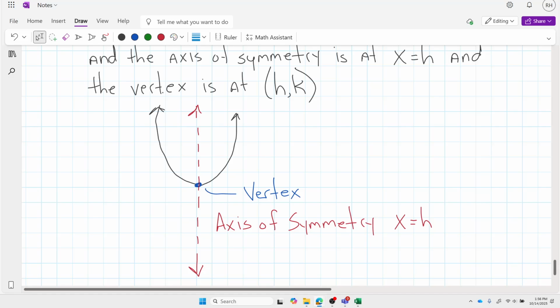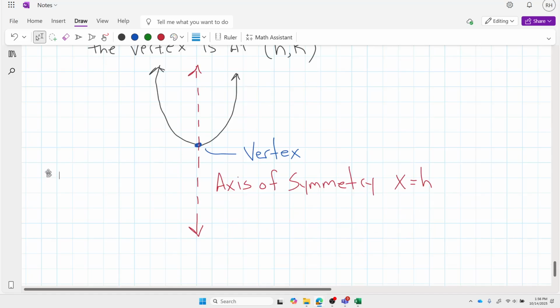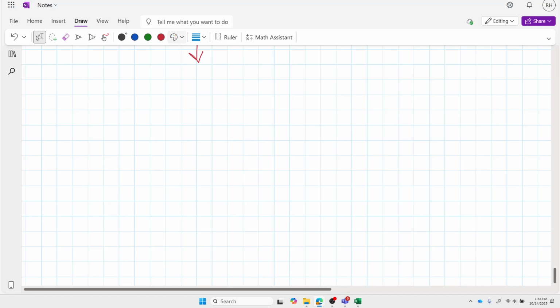So, the first thing that you're going to be doing today is graphing a function. So, let's just say that you're asked to graph the function f of x is equal to 1/2 x squared. All right?